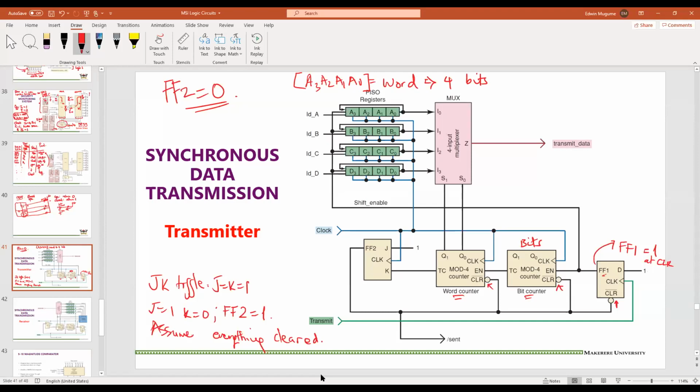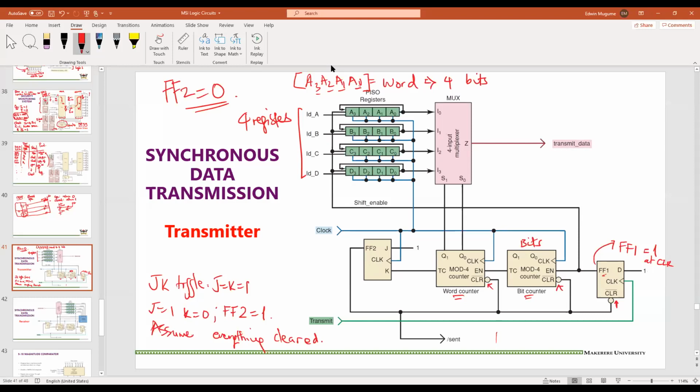If we have transmitted A3, A2, A1, and A0 completely, this counter will increase by 1 because the first word is gone. But this one will have already changed 4 times because it counts the bits: this bit, that bit, that bit, that bit. When all these have been transferred, the word counter will count the first word, because a word is completely gone. So anyway, we have our 4 registers, right?